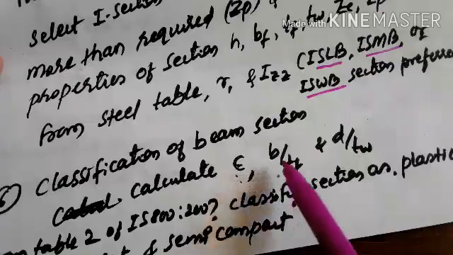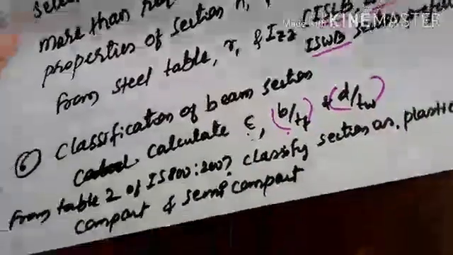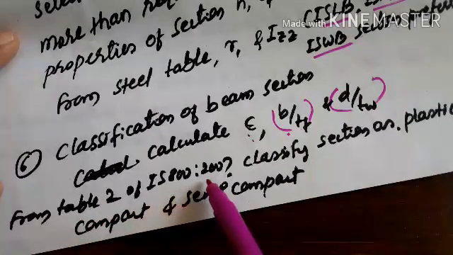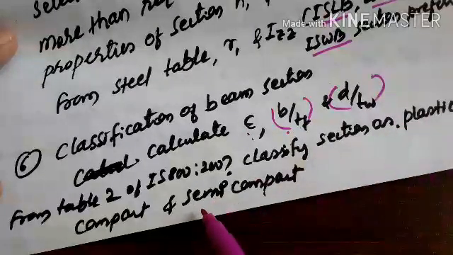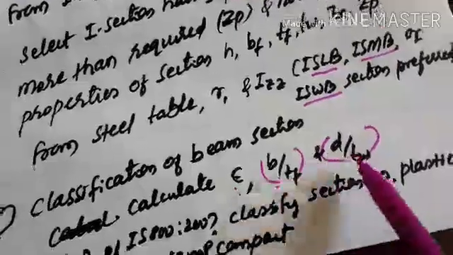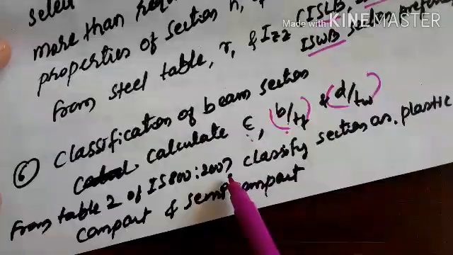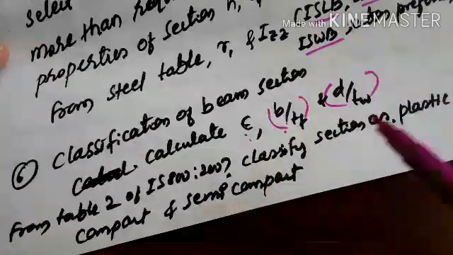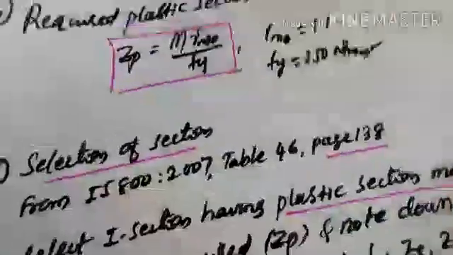Calculate epsilon and the ratios of flange element and web element. Then from Table number 2 of IS 800 2007, classify the section as plastic, compact or semi-compact. Means based on these ratios and the limits given for these ratios in Table number 2 of IS 800 2007, do the classification of the section.